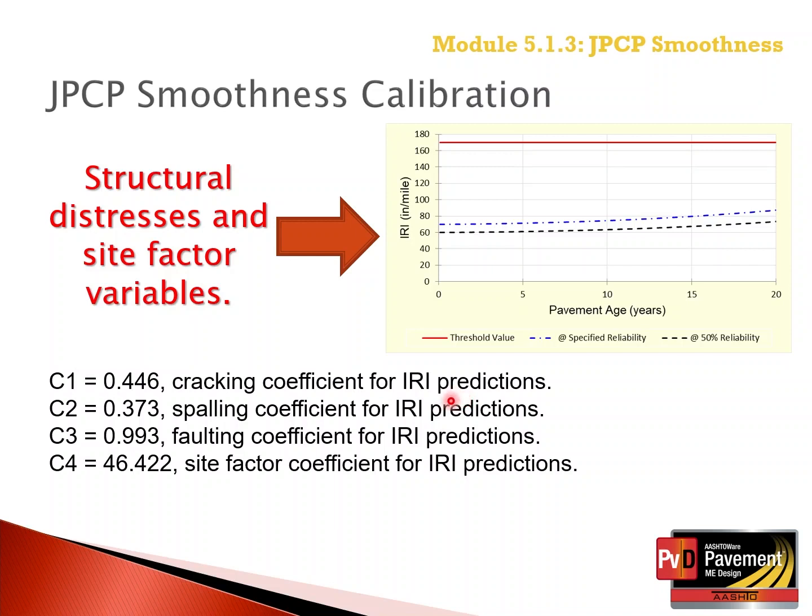The calibration coefficients, which were summarized in previous slides, include C1, which is the cracking coefficient of 0.446. C2 is the spalling coefficient of 0.373. C3 is the faulting coefficient of 0.993. And C4 is the site factor coefficient of 46.422.